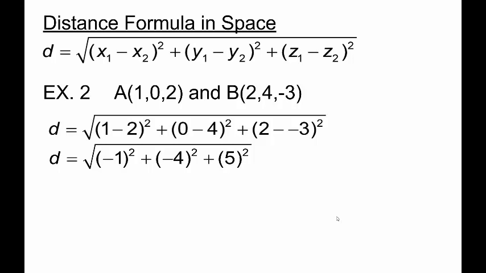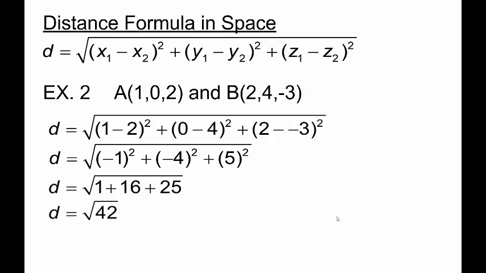Now we can square each of these terms, so it's still going to be the square root of 1 plus 16 plus 25. Then I can add these 3 terms together. 1 plus 16 plus 25 is 42. So now I need to take the square root of 42. You can simplify the radical, or since this is distance, we're just going to approximate how much that is, and it's about 6.48 units.